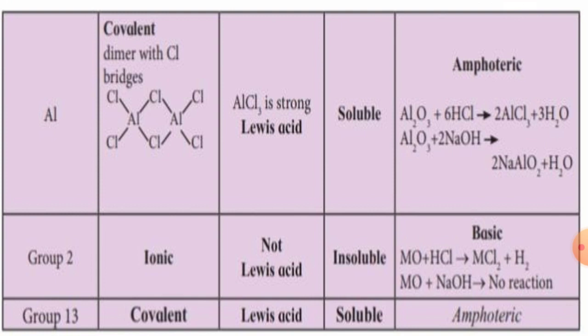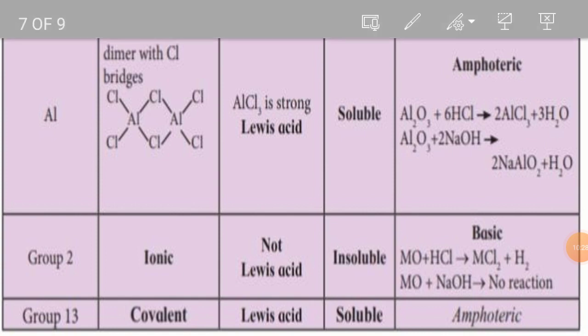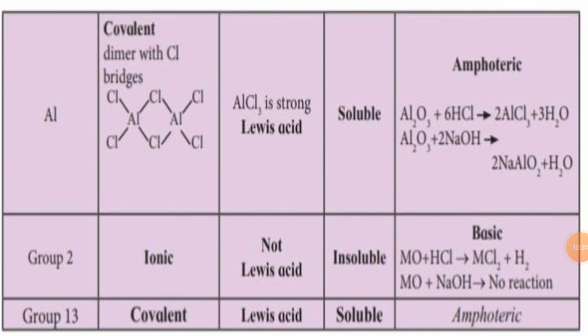Here the other elements of group 2 are not Lewis acids, while beryllium and aluminium are Lewis acids. Similarly, group 13 is also Lewis acid. Group 2, leaving behind beryllium, all the other elements are insoluble in organic solvent, while group 13 elements are soluble in organic solvent.